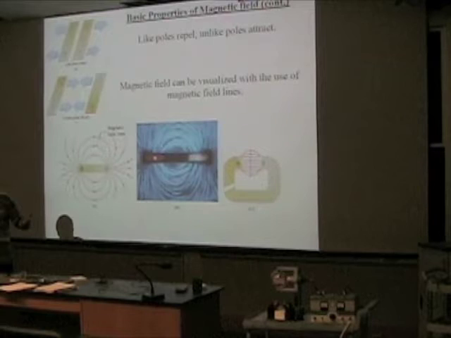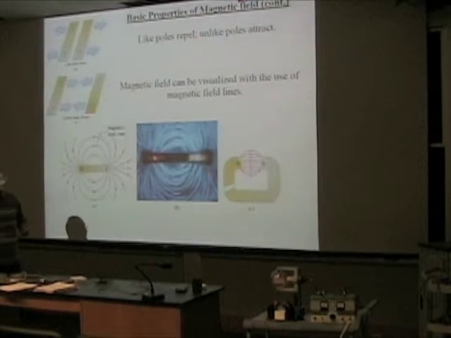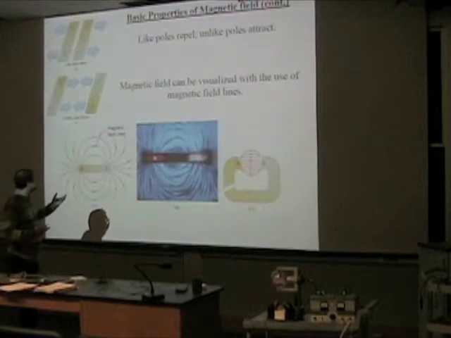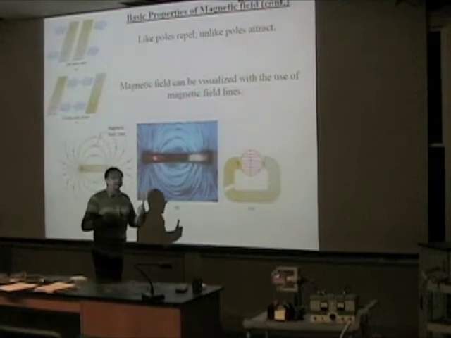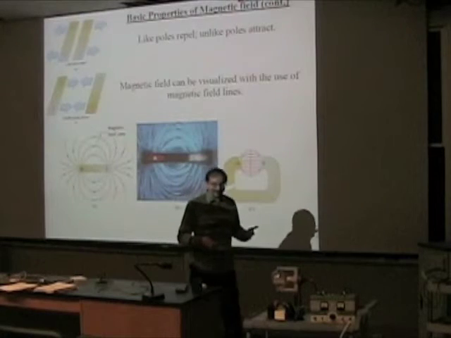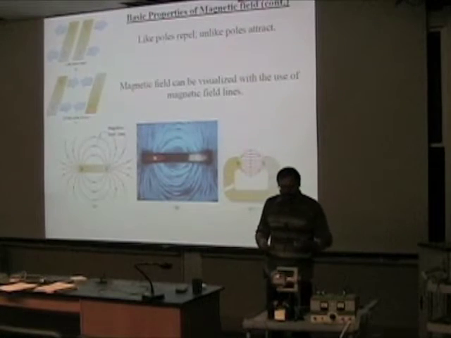In a similar way to electric field lines, we can use magnetic field lines to represent the presence of magnetic field in the region.